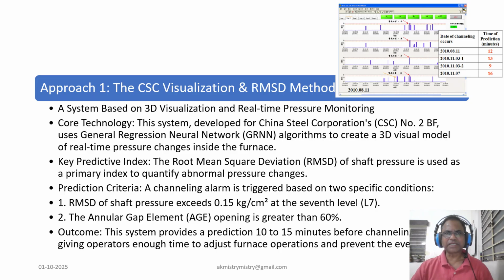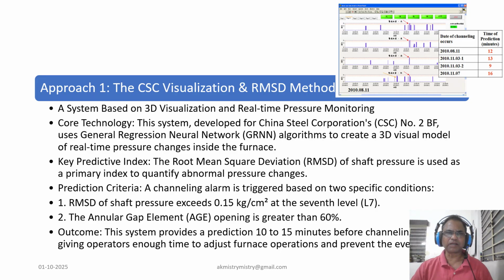Now we will see what the key predictive indexes are. The RMSD, that is the root mean square deviation of the shaft pressure, is used as a primary index to quantify abnormal pressure change. What is the prediction criteria? A channeling alarm is triggered based on two specific conditions.